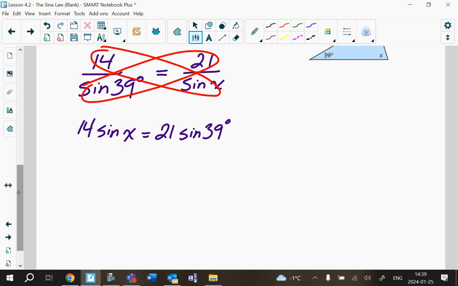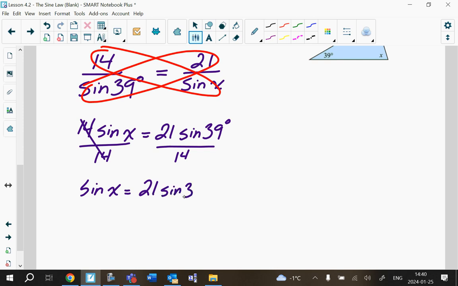Now what? What do you think? Divide both sides by 14. So we get sine x is equal to 21 times the sine of 39 degrees divided by 14.